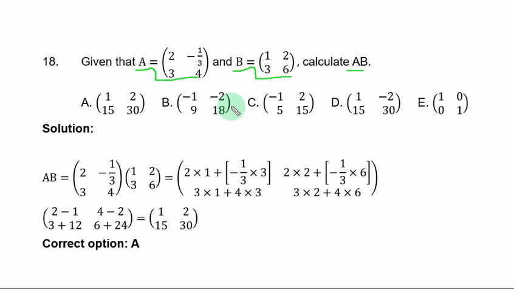That condition is satisfied. So you have AB equal to matrix A times matrix B. To multiply, you take the first row of the first matrix times first column of the second matrix.